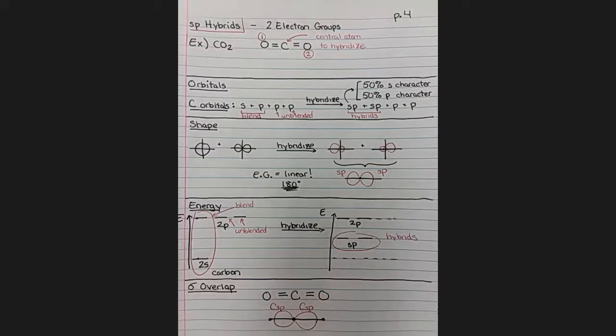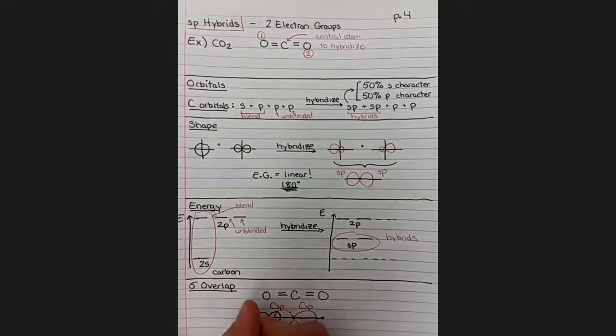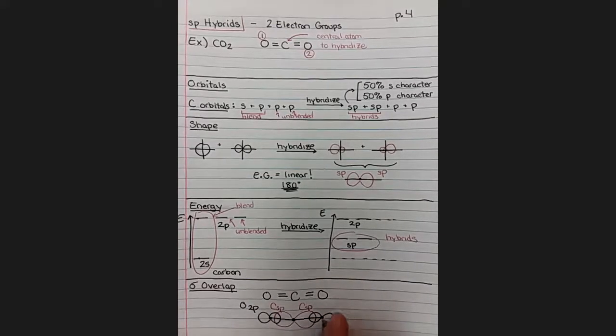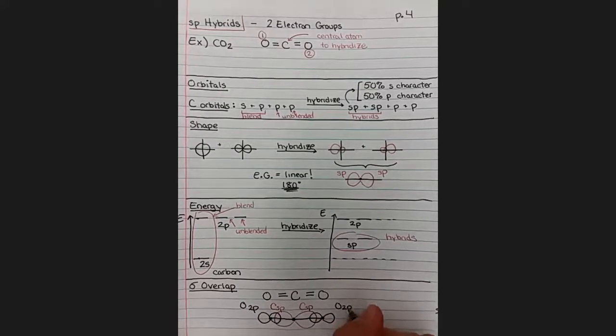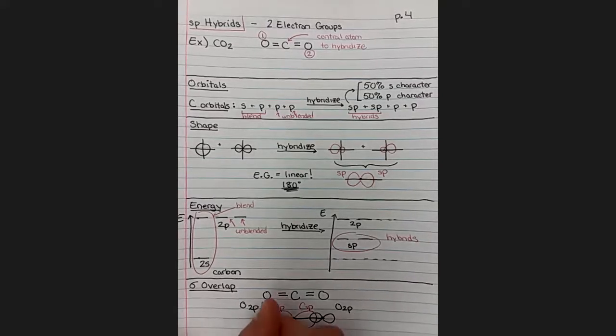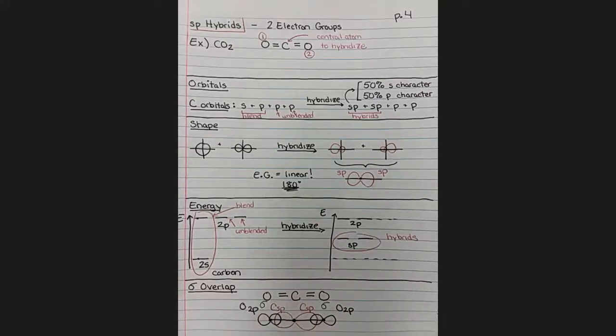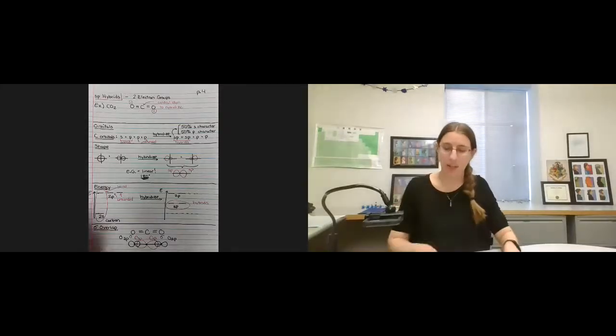And then each of our oxygens are going to choose their half-filled valence orbital, which is going to be a 2p orbital. And so between each set of oxygen 2p and carbon sp, we are going to form an excellent overlap sigma bond. Those are our 3 types of bonding: sp3, sp2, and sp.